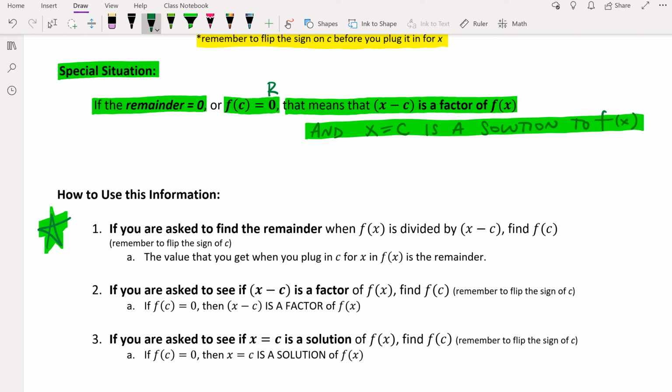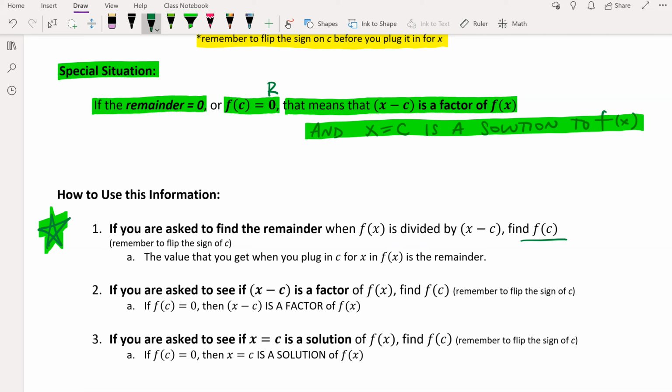How do we use this information? There's 3 ways mainly. If you're asked to find the remainder, you could divide by whatever they give you, x minus c, or you could plug in c into f, and it will give you the remainder.